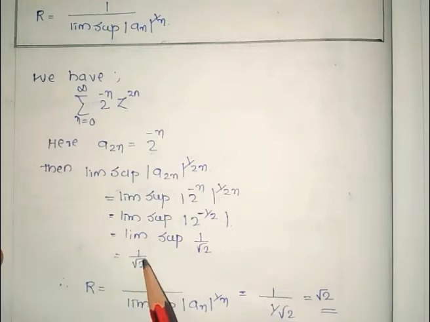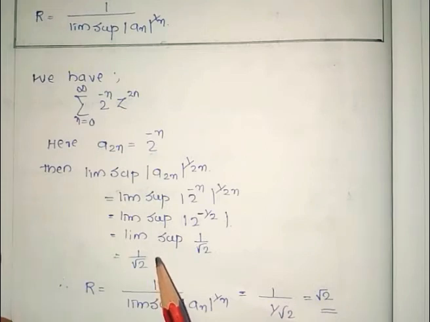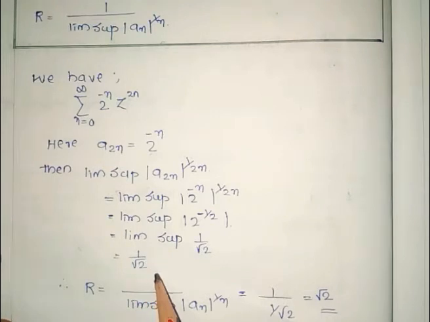That is, we get limit supremum of mod a_2n all power 1 by 2n equal to 1 by root 2. That is, the limit supremum exists.